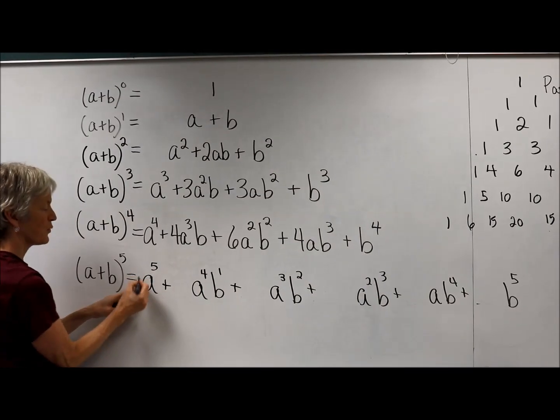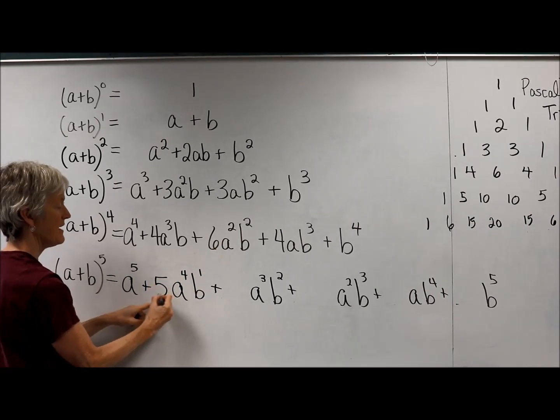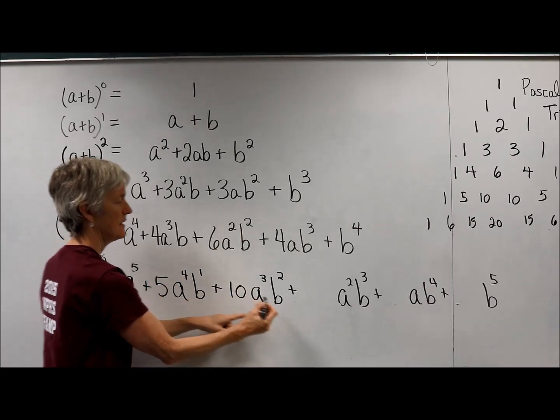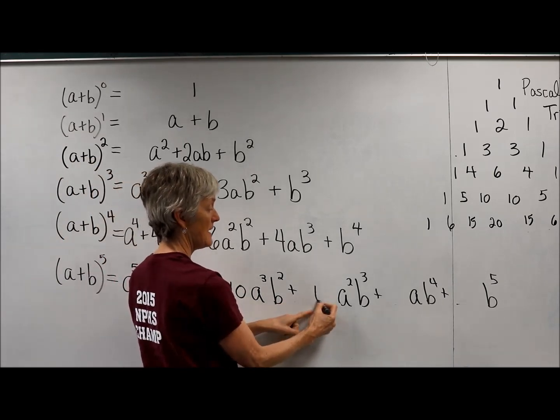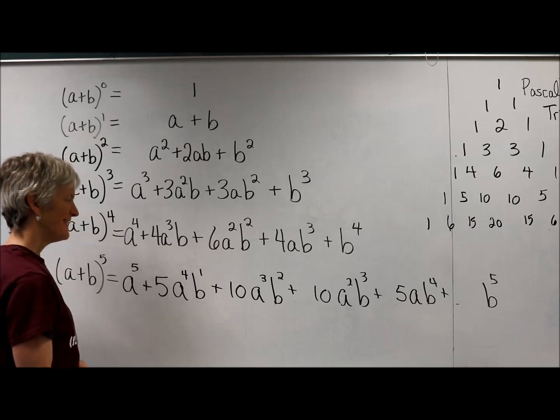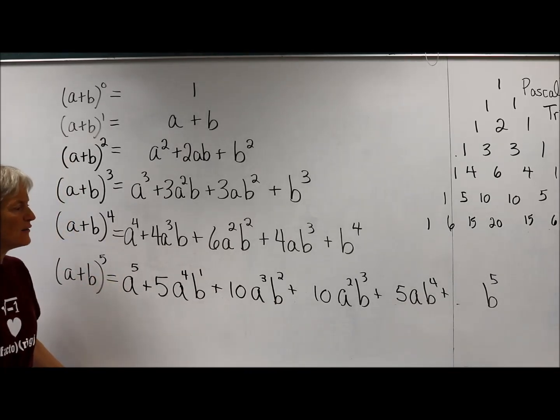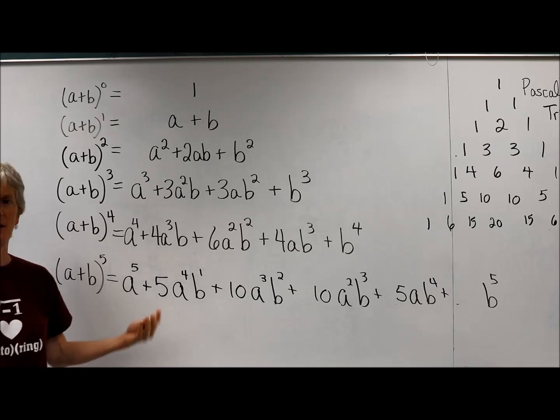My first coefficient was 1, I don't have to write that. My next coefficient should be a 5, then a 10, then a 10, then a 5, and then a 1. Isn't that cool? So this is basically a shortcut for expanding binomials.